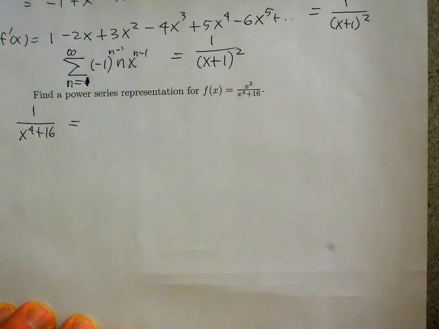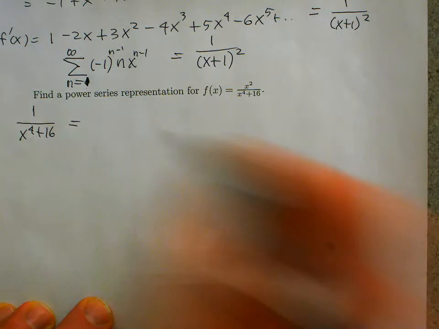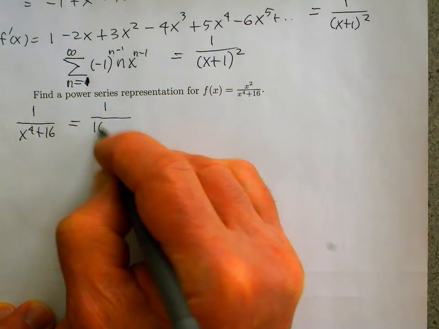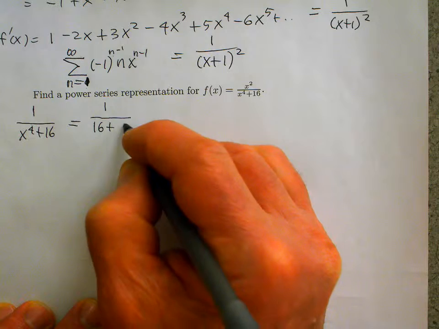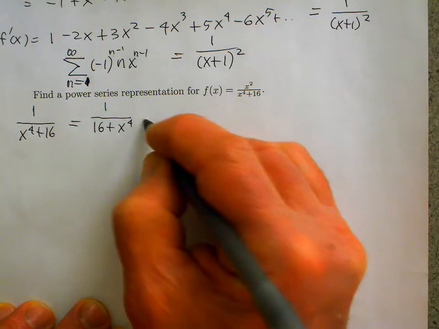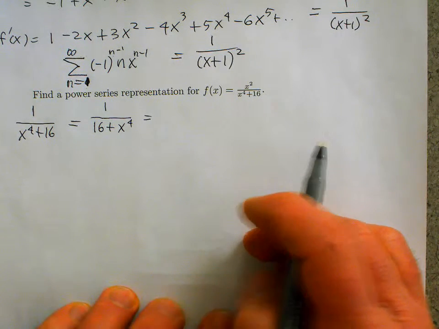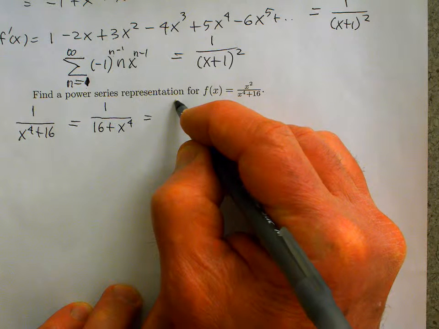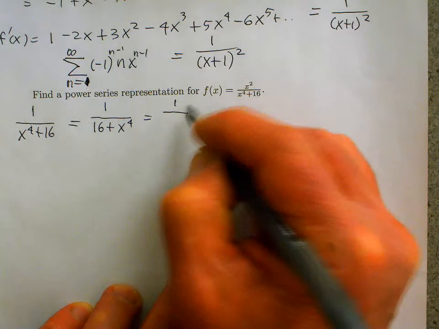So for 1 over x to the fourth plus 16, I'm going to write it as 1 over 16 plus x to the fourth. And then I'm going to factor out 1/16.